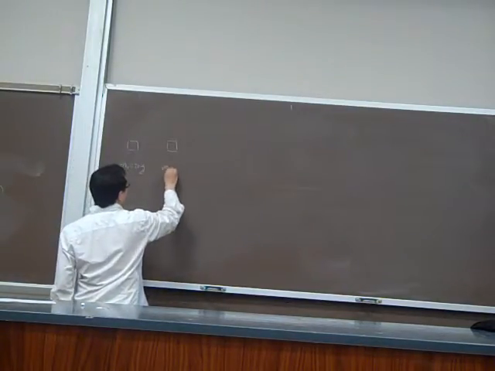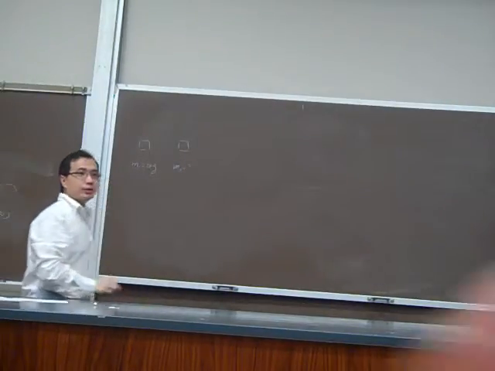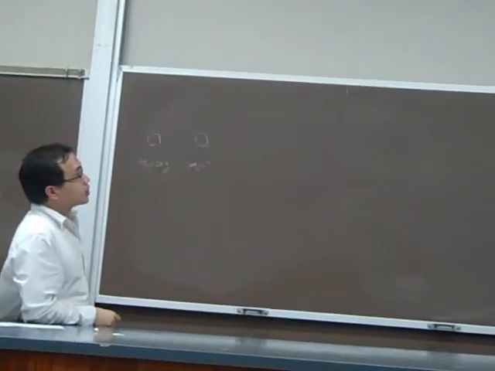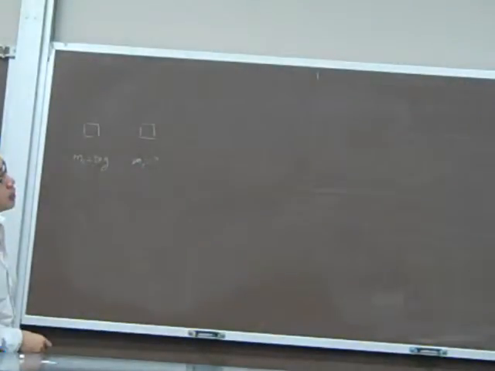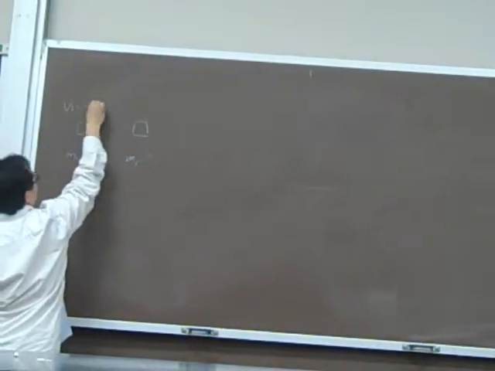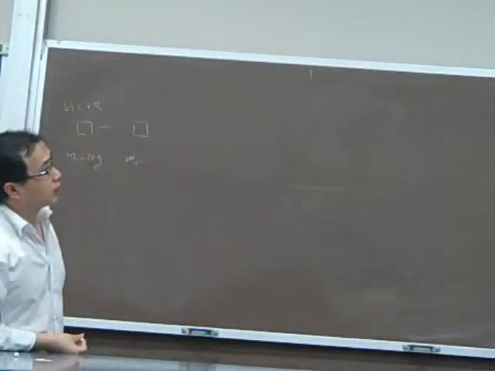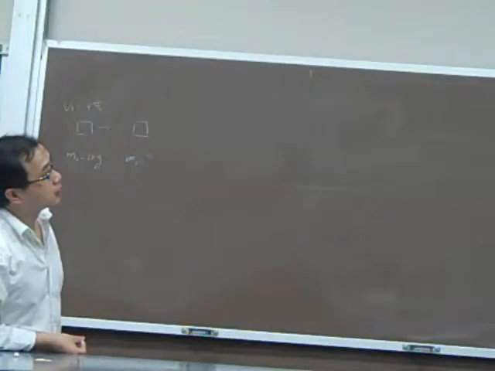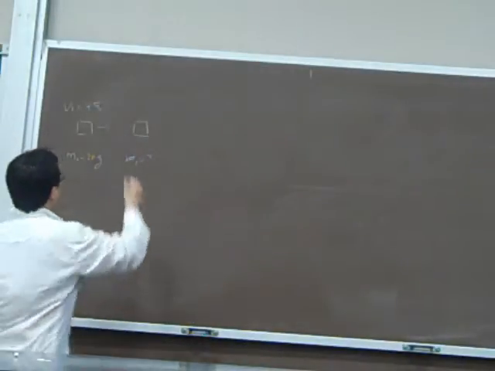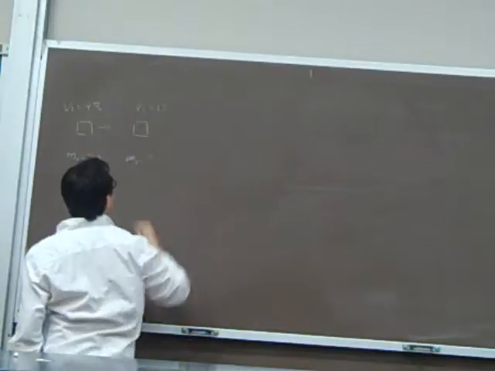M2 is the quantity we want to find, mass of the block B. And what is the initial speed of block A? 4 meters per second. Let's call it V1 equals 4 meters per second. And what is the initial speed for block B? 0. Okay, V2 equals 0.